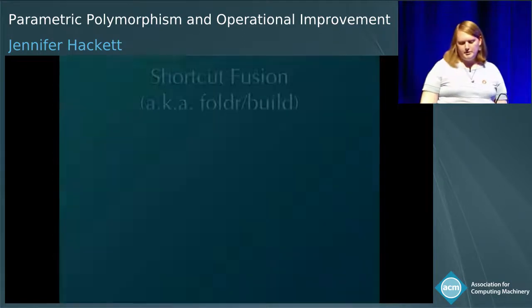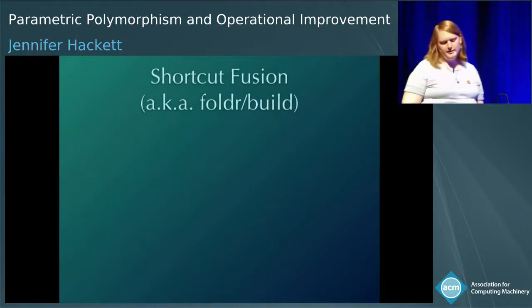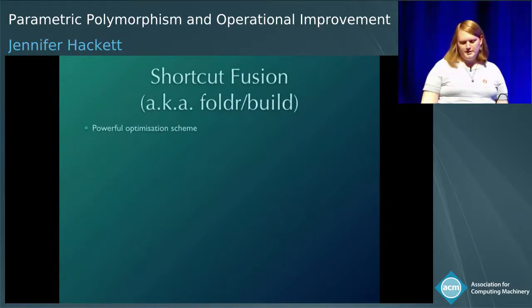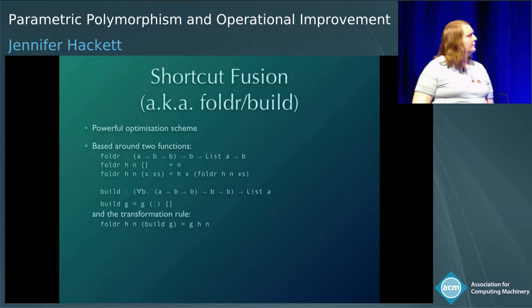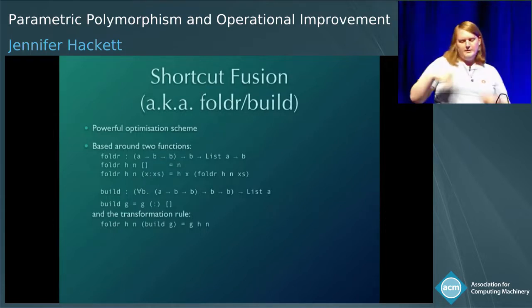This is quite useful. It gives you things like shortcut fusion. So what's shortcut fusion? It's quite a nice optimization scheme. It's based around two functions, foldr and build, which is why it's also known as foldr/build fusion. Build creates lists, whereas foldr destroys them.